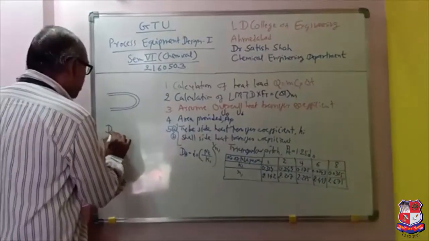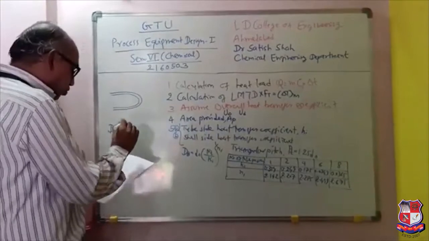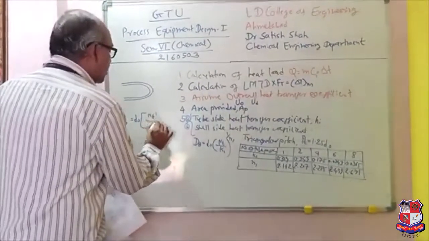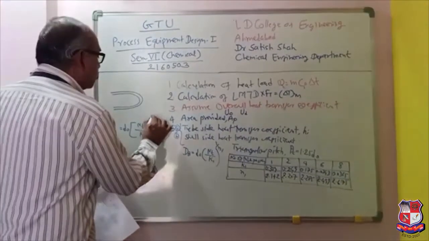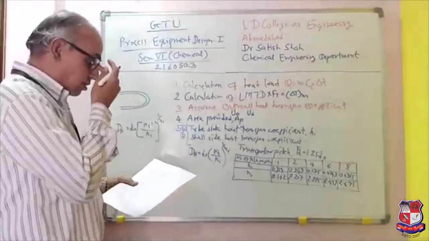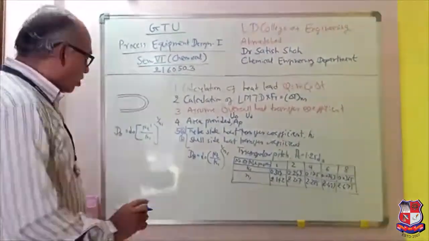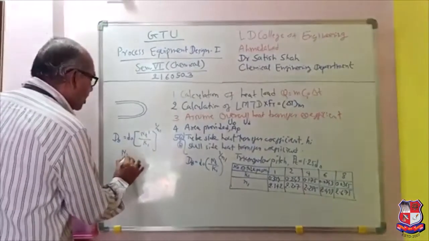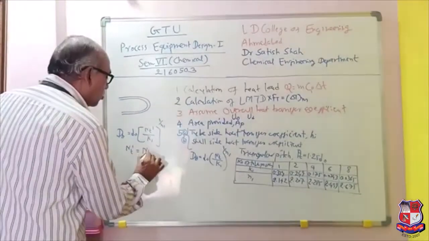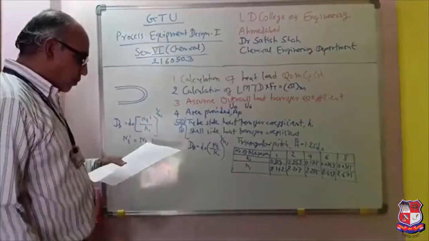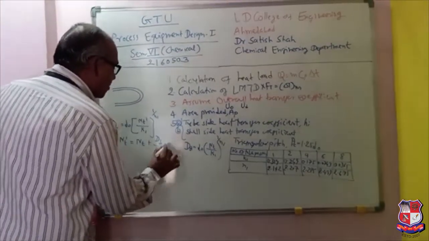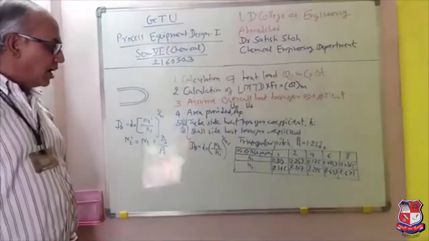It will be Db is equal to Do into (Nt dash upon K1) whole raised to 1 by n1. So what is the difference here? Here it is Nt, here it is Nt dash. This Nt dash is equal to Nt plus Db by Pt, where Db is bundle diameter.